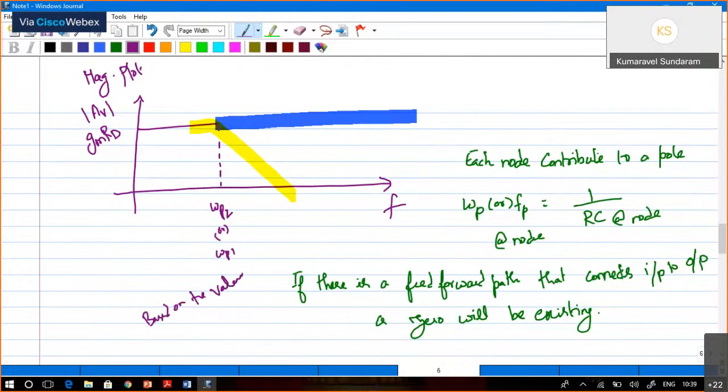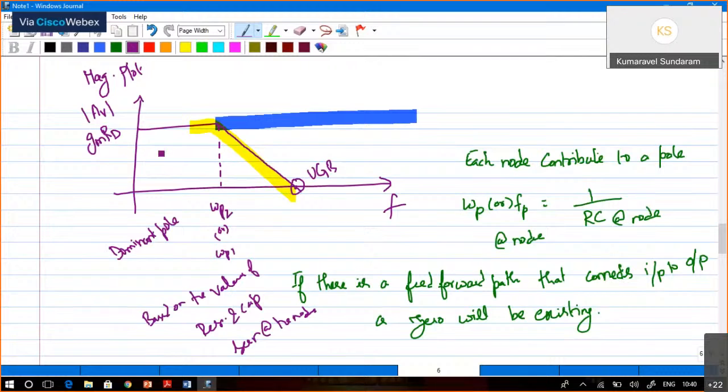So the pole near to the origin is termed as the dominant pole. Per decade it will have that decay, and where it touches, it is going to be unity gain bandwidth.